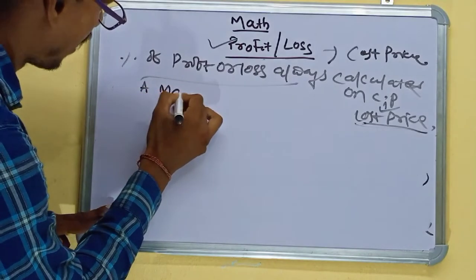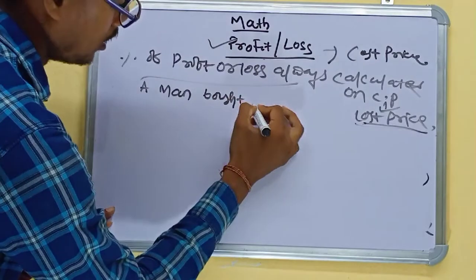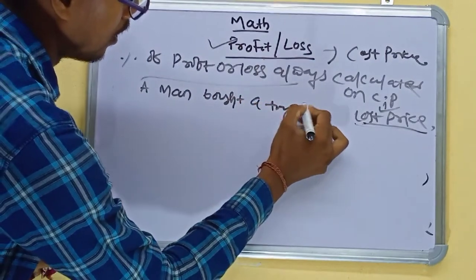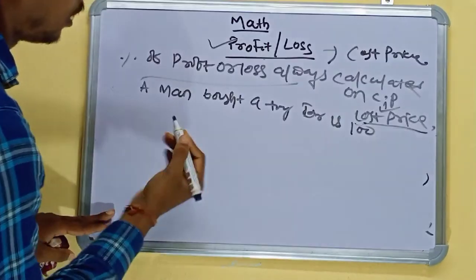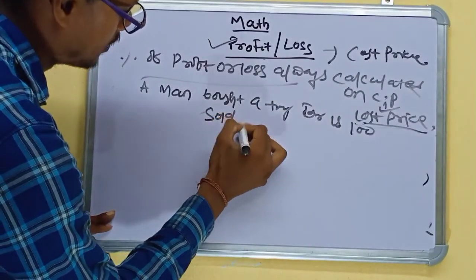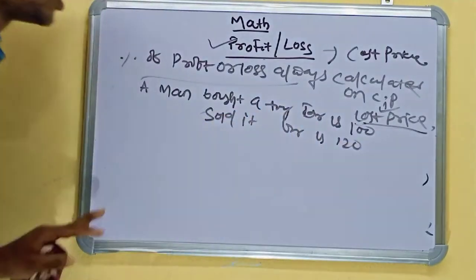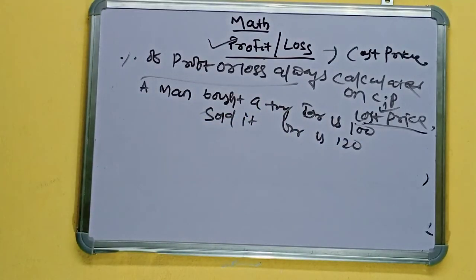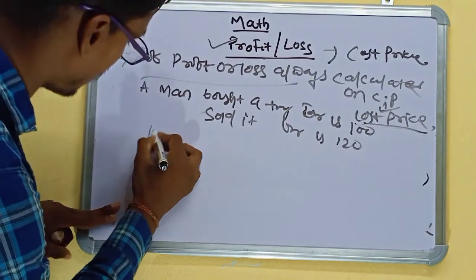A man bought a toy for rupees 100 and sold it for rupees 120. First of all we know the result of profit or loss.